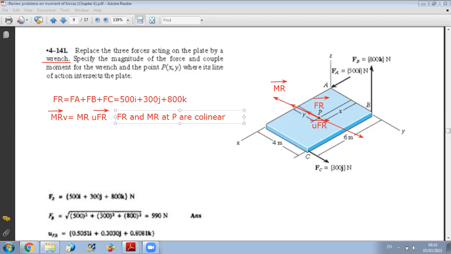Okay, so this equation will help us in finding Mr. Now, what is the next step to do? I will find the unit vector of Fr.